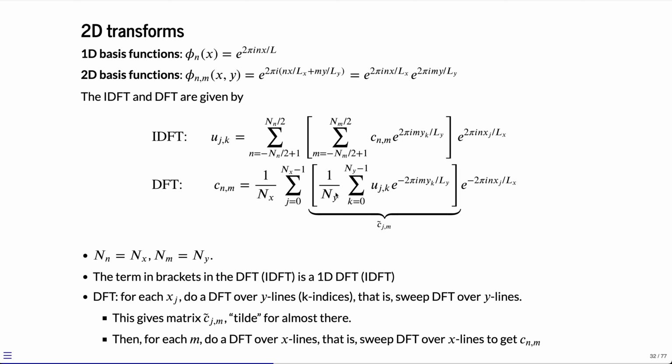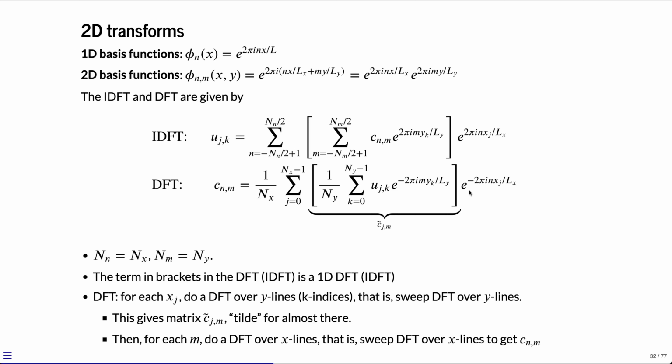And we're not collecting the N_x and the N_y because we want to highlight that the term in brackets in a 2D transform is like a Fourier transform of Fourier transforms. The term in brackets is a one-dimensional Fourier transform, and the outer sum is also a one-dimensional Fourier transform.